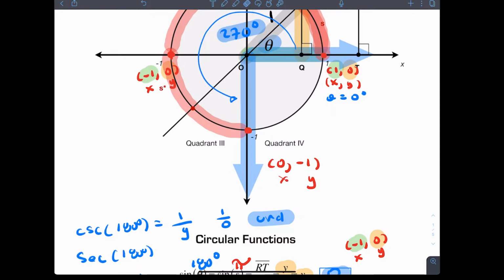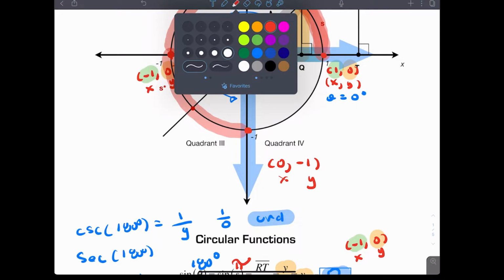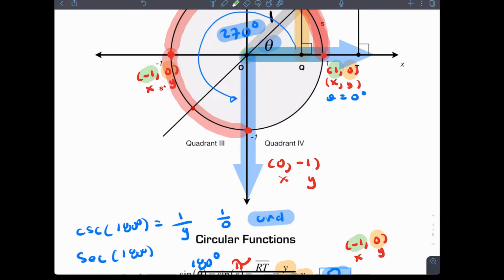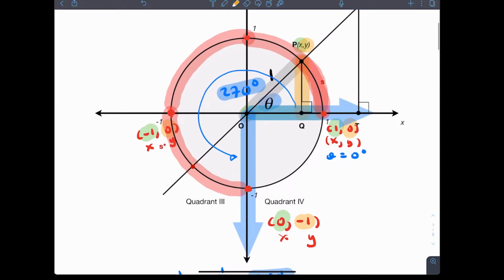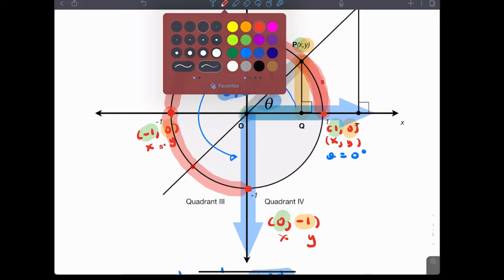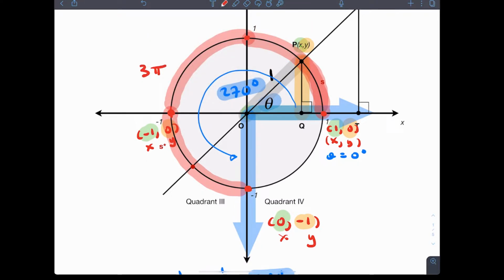Okay? So I think, yeah, x is green. So this is now a 270-degree angle, rotating counterclockwise from that initial side. What was the arc length? 3 pi over 2, good.